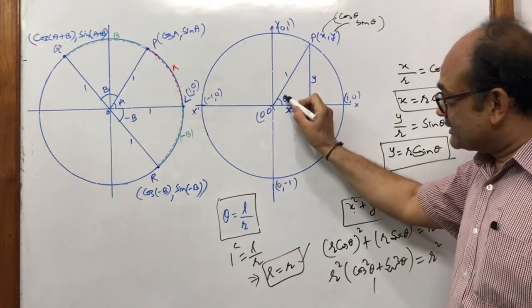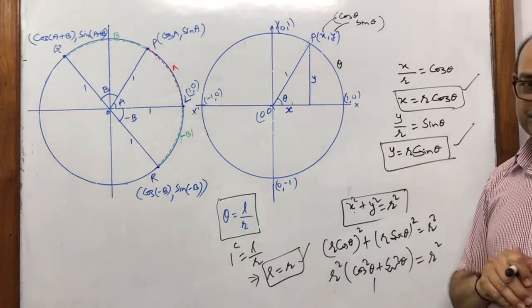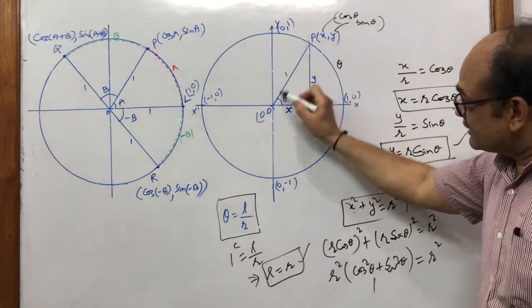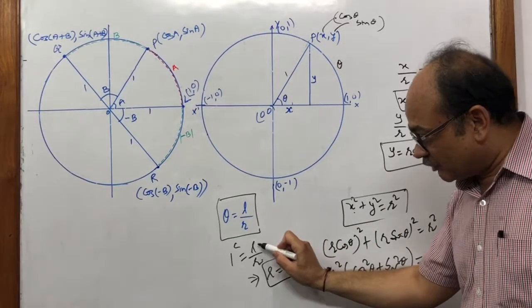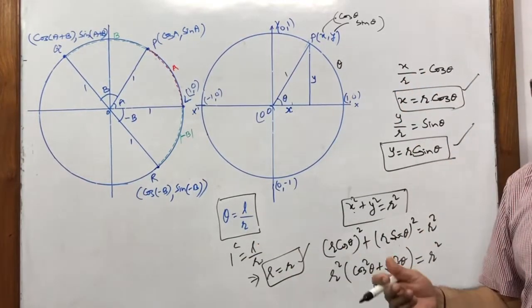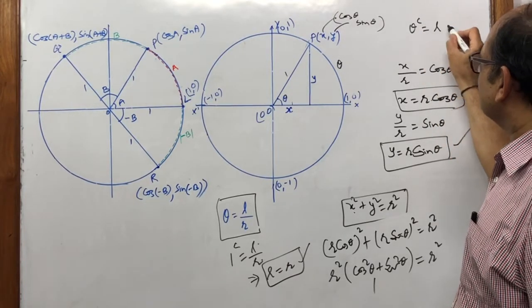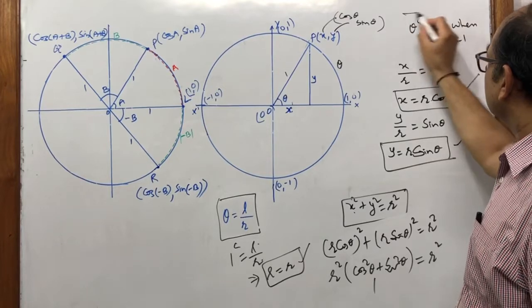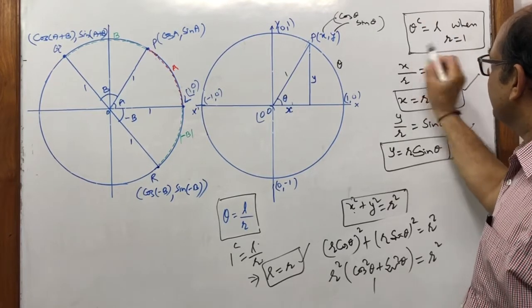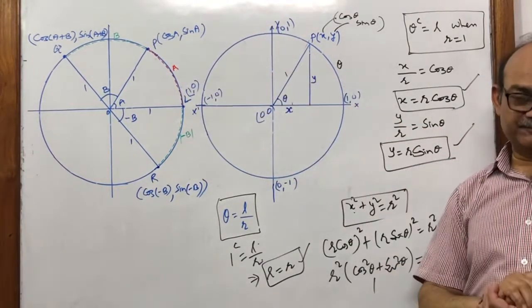So if this one is theta, then this one is also theta, because the radius is 1. If you put radius as 1, then what is L? Theta. So here we write theta equals L when r equals 1. Very simple, and we are using this concept in today's derivation.